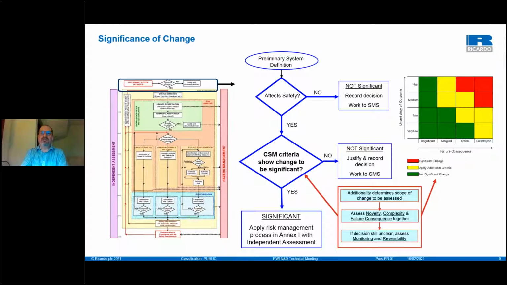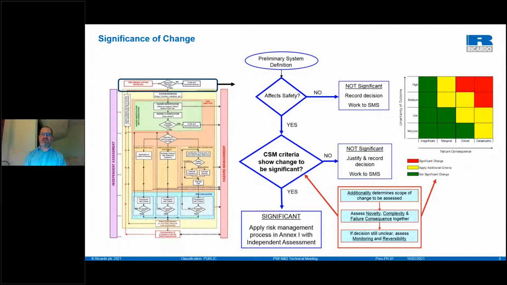There are other methods of doing it, but that's considered good practice and is a good example. So you would be looking at various criteria, such as your novelty and your complexity. Your novelty and complexity determines your uncertainty of what will happen, what's the outcome of the change that you're making. And equally, if you're making a change, what's the failure consequence of that change?